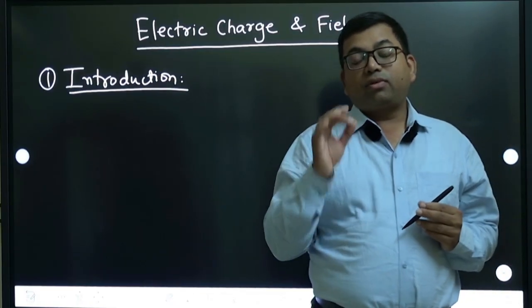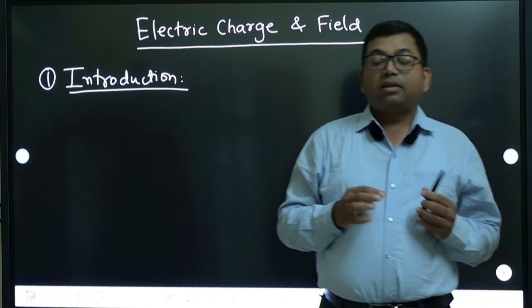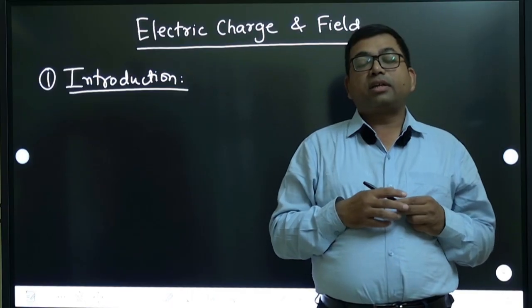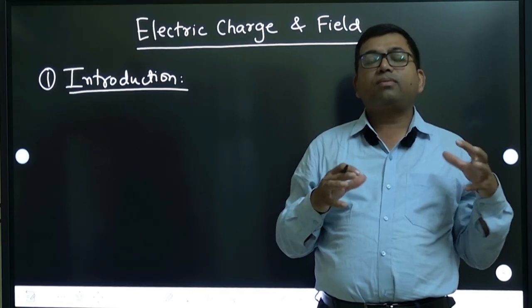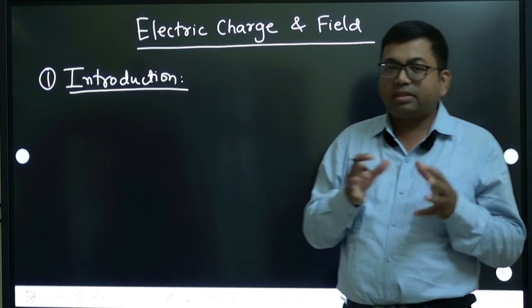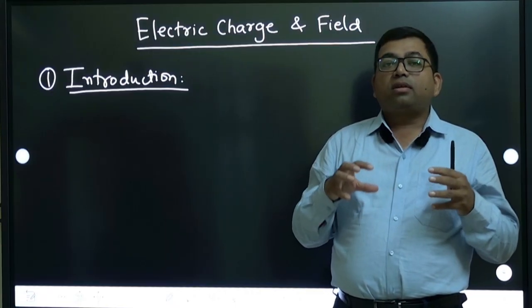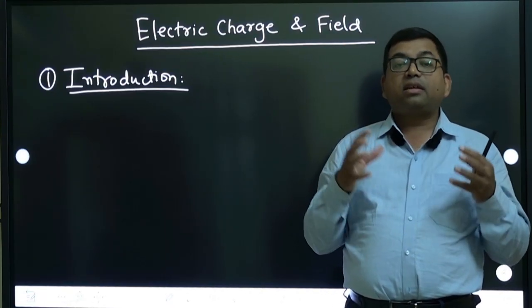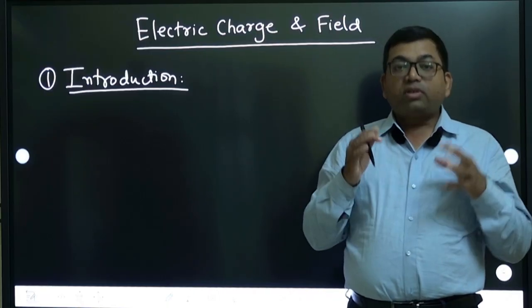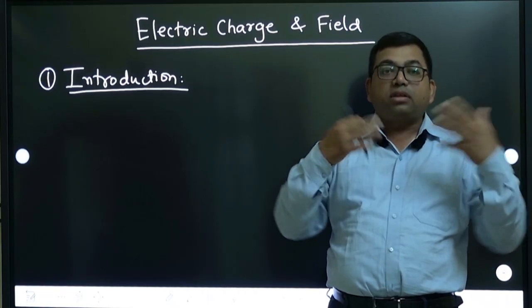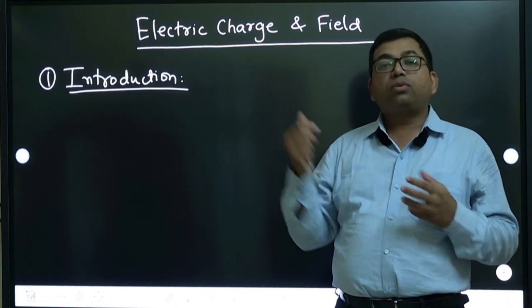The first thing they are saying is that when we start electric charges, we need to see first of all what phenomena we are seeing in nature, because physics is totally based on the physical phenomena taking place in nature. So what are the phenomena we see in nature which are related to this chapter?